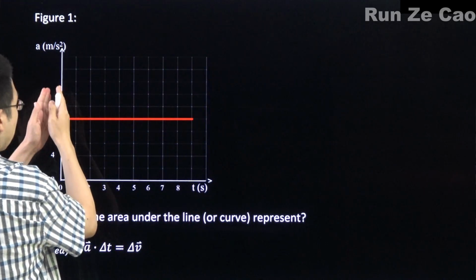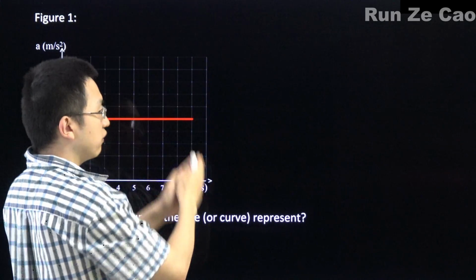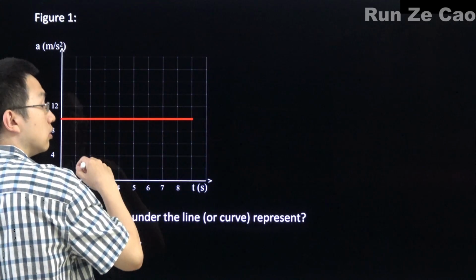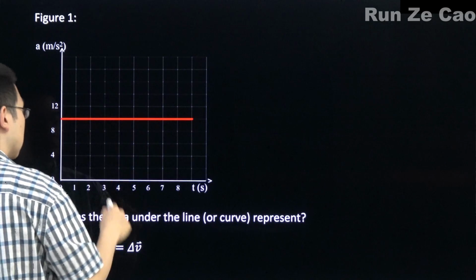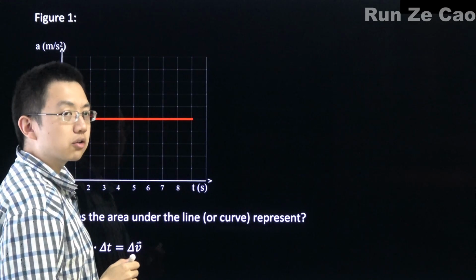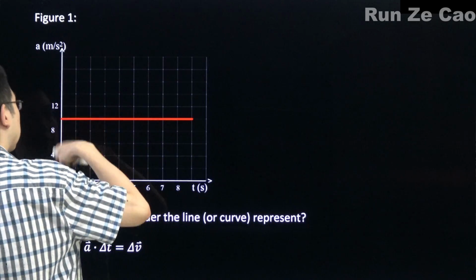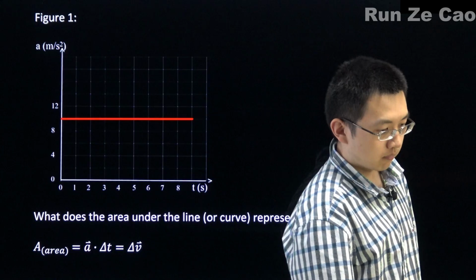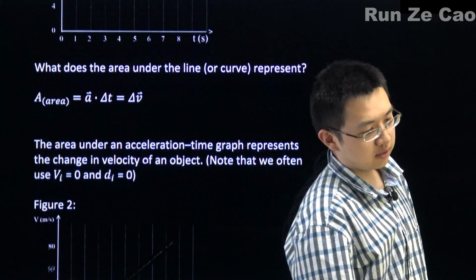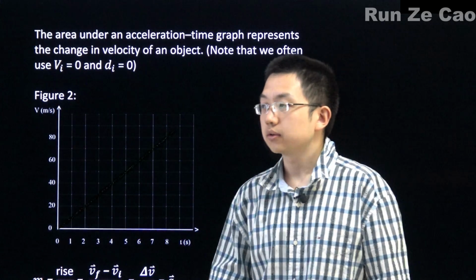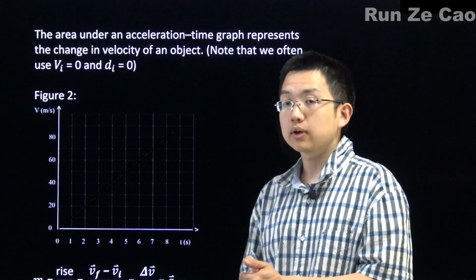Then we can have an infinitely large number of infinitely narrow rectangles, and that will give us the total change in velocity. What does that also give us? It also fills up the whole area under the curve. But that's calculus, and we can do that rather later. Right now, we're in grade 11 physics, so we don't do calculus yet.